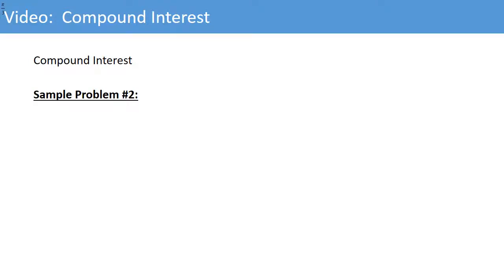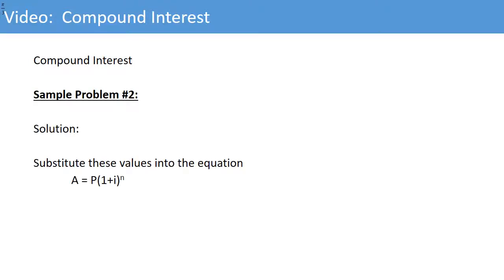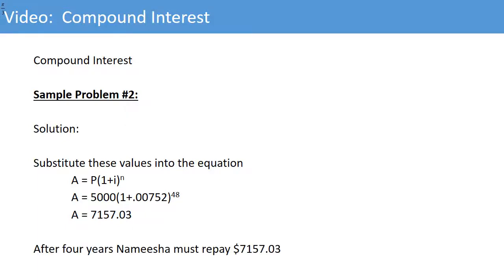Now, substitute these values into the equation. A equals P, 1 plus i, to the exponent n. P is 5,000, i is the decimal 0.0075, and n is 48. So we will get as our answer $7,157.03. Now, that's the amount for Namisha.